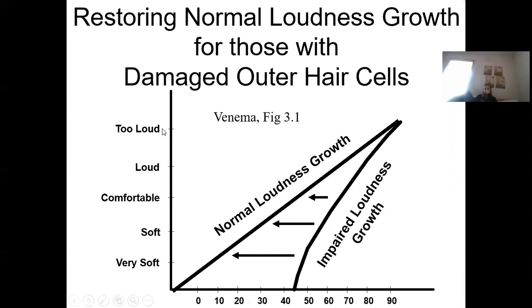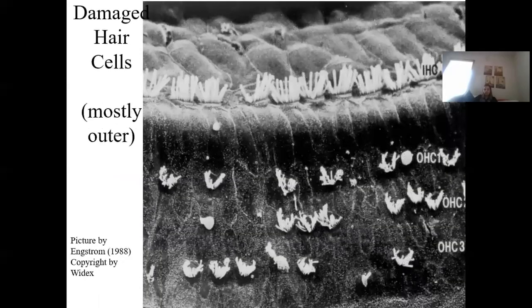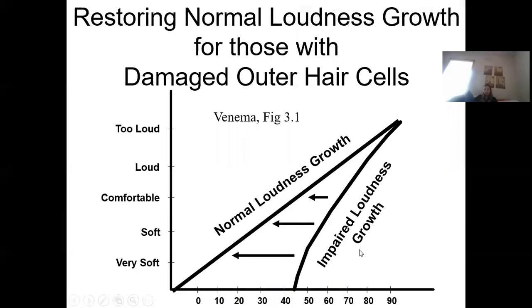See that? When you've got hair cell damage, when this happens, then you can't hear till about 50 or 60. And now 50 or 60 sounds very soft, but yet 90 to 100 still sounds too loud.